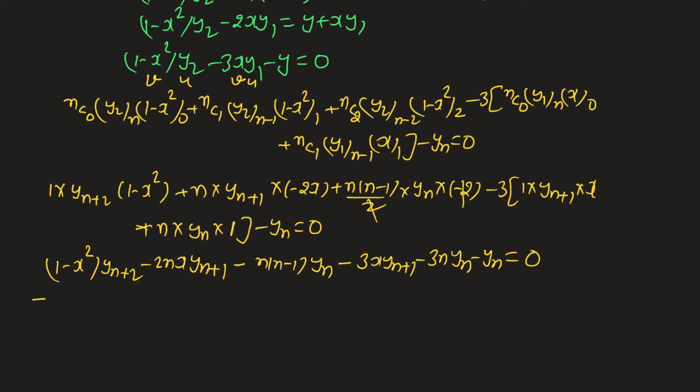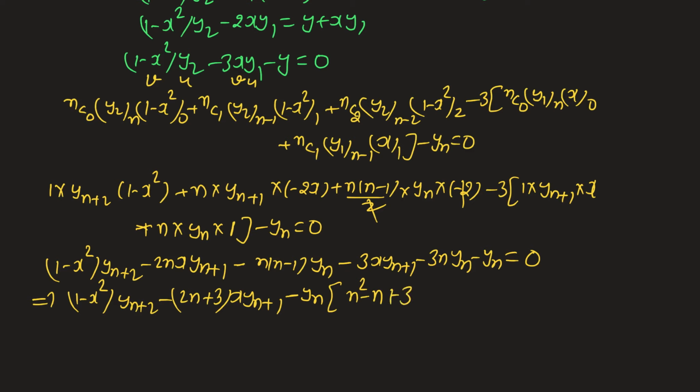So collecting the corresponding terms, y_{n+2} minus (2n + 3) x y_{n+1} minus y_n, this will be n square minus n, minus is common, plus 3n plus 1 equal to 0.